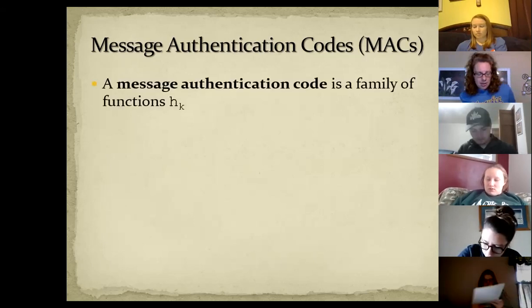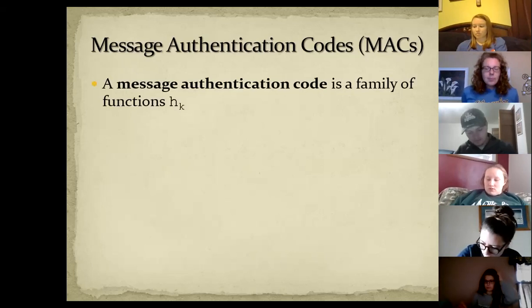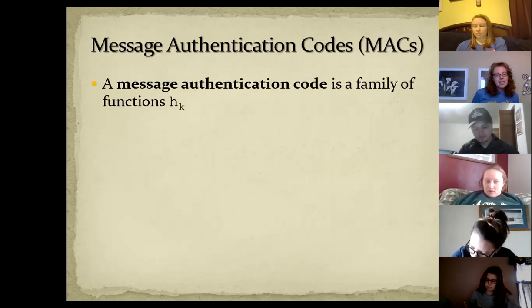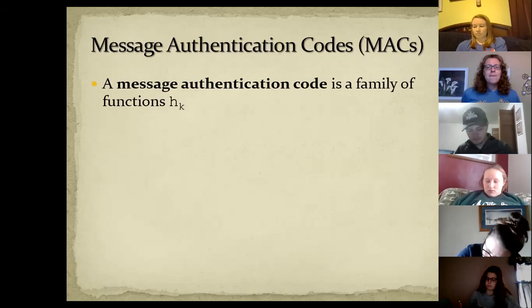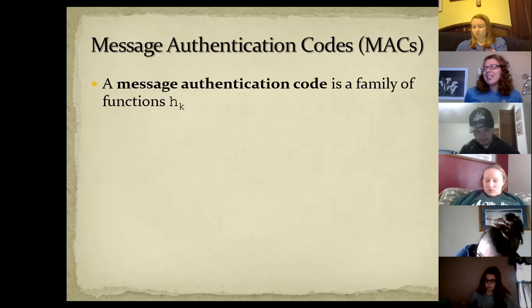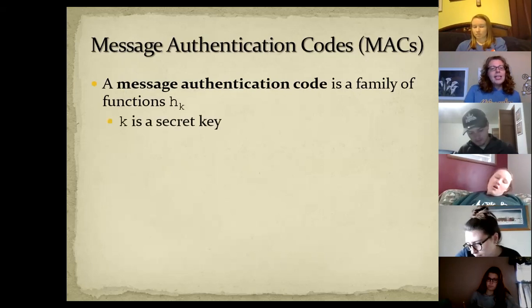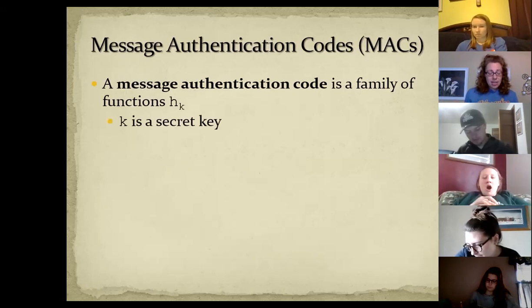Here's the technical definition. A message authentication code is a family of functions, H sub k. A family of functions sounds way more confusing than it actually is, I promise. K is a secret key.